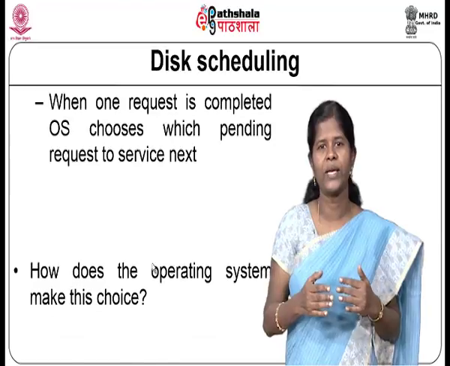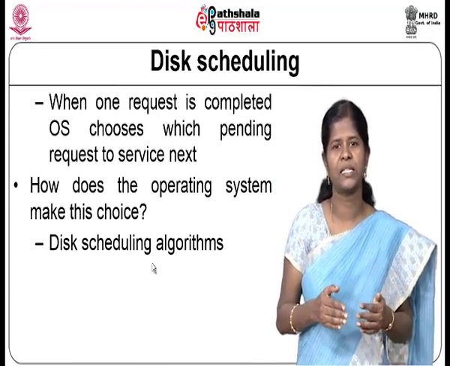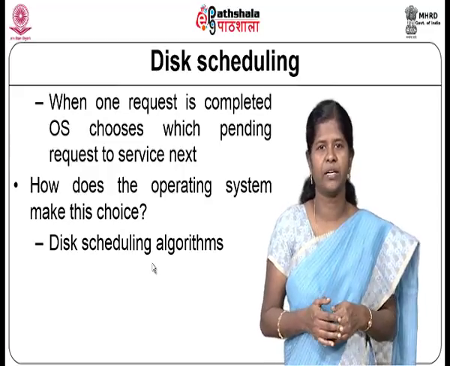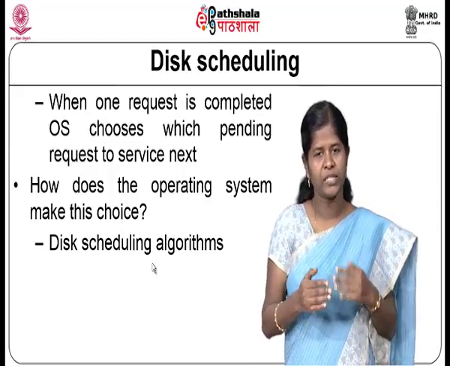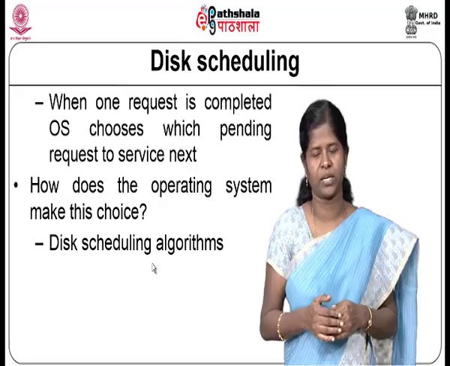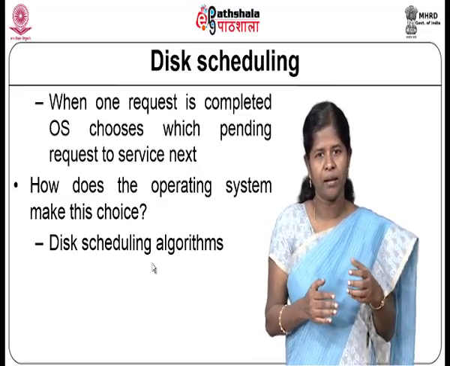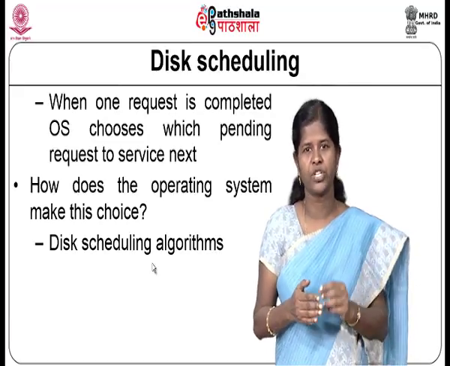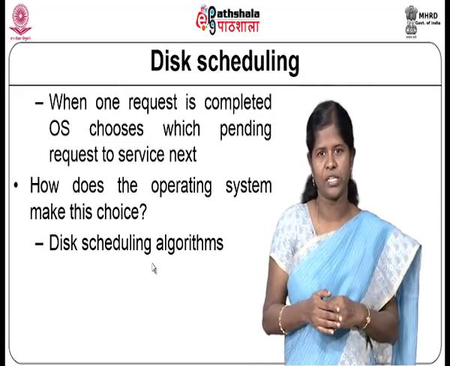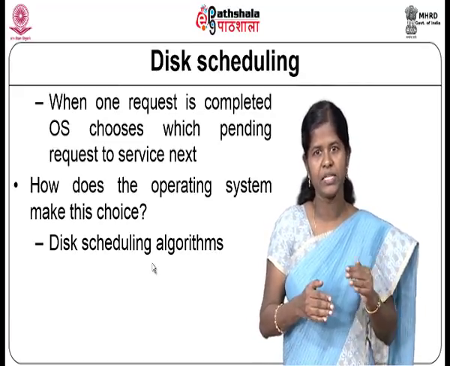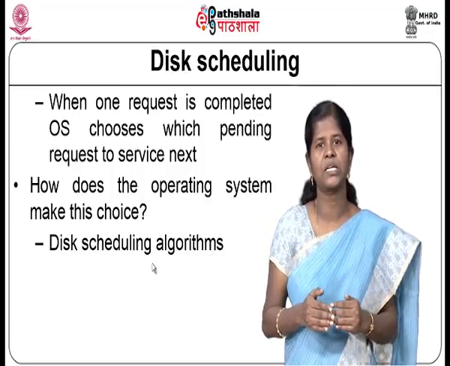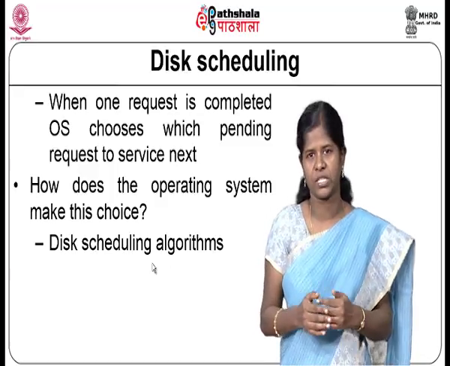Now, when one request is completed, the operating system will try to service the next pending request. Say a number of processes have issued requests and all are waiting; of all these pending requests, which should be serviced by the operating system first?